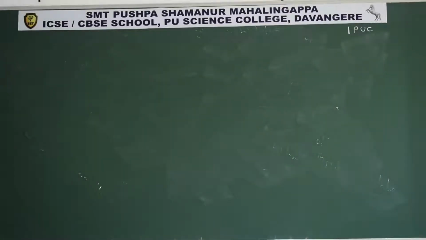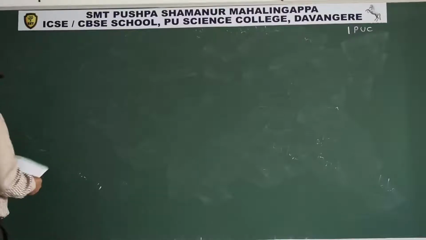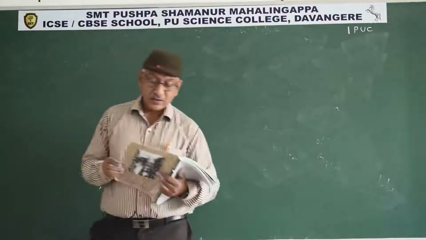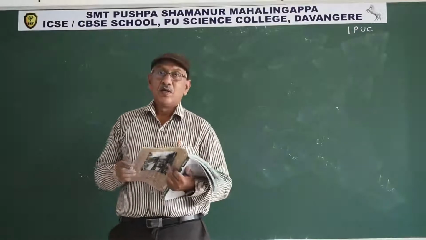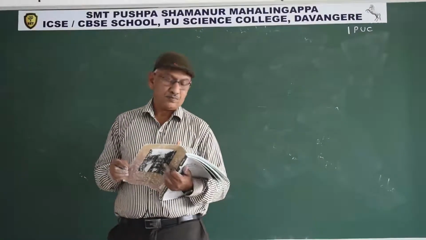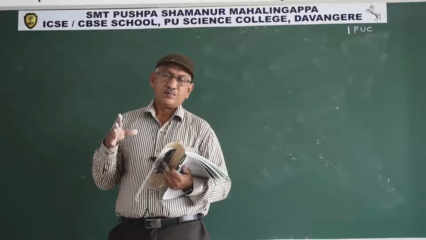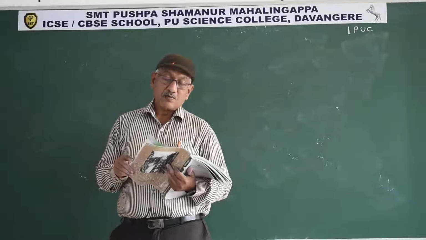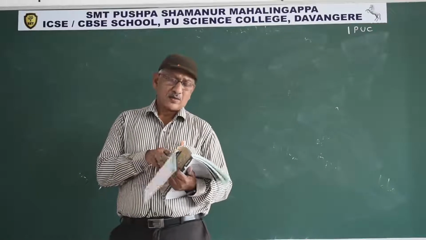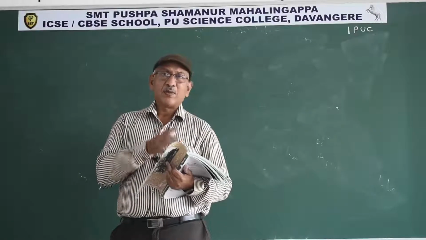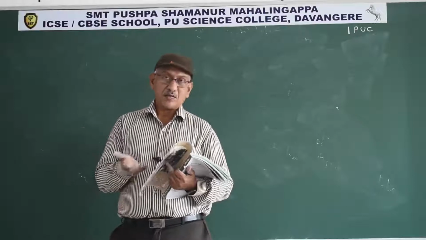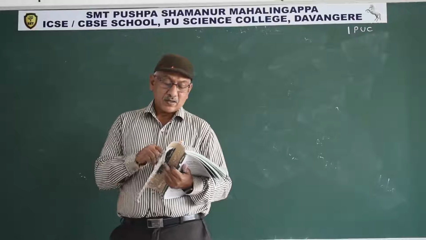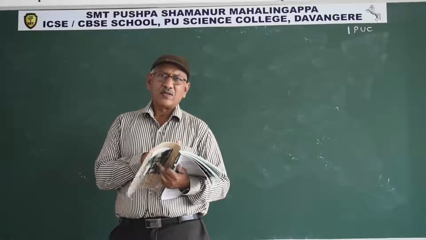Next question is, compare the following: central nervous system and peripheral nervous system. Central nervous system controls the remaining parts of the nervous system. Central nervous system is represented by brain and spinal cord. Peripheral nervous system consists of cranial nerves and spinal nerves. Brain and spinal cord together are known as central nervous system.